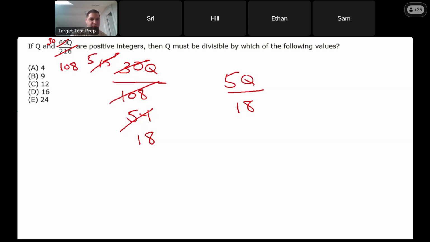Now I made a mistake doing math in my head here, because let me just see if I can find that. The mistake. Let me go back to where we were. So we have 108Q over, 108's on the bottom, over 30.